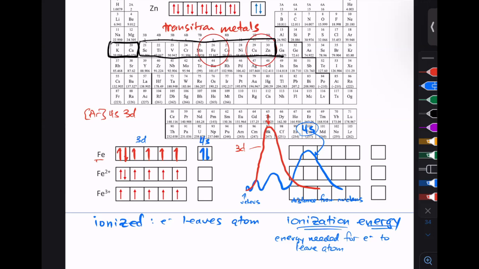If we're going to form ions, which are the easiest electrons in the valence shell here to leave the atom? Is it the 4s electrons or is it the 3d electrons? What do you think? You can kind of tell by looking at the orbital diagram. The 4s leaves first. Look at their distribution. Most of the time, the 4s electrons are further from the positive charge of the nucleus, which means that it takes less energy to get them to ionize, to get them to leave.